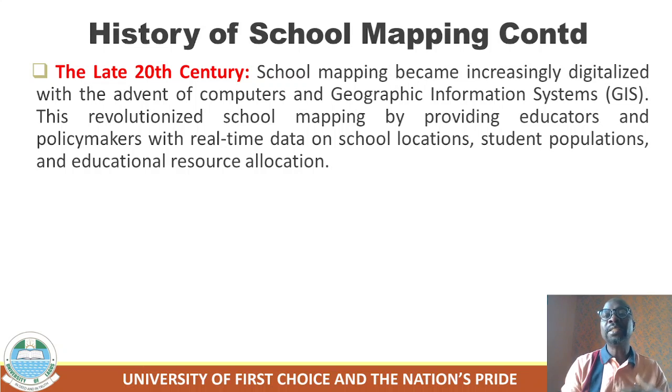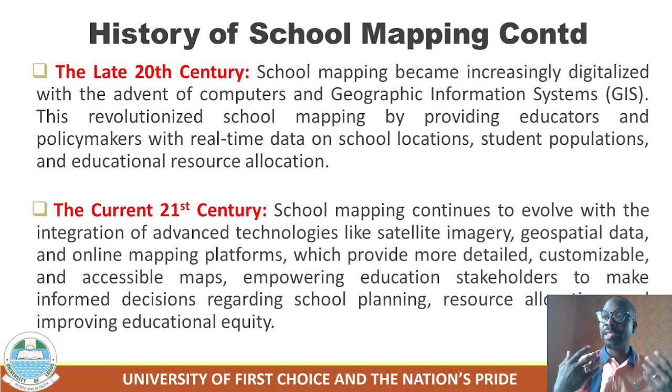The use of computers and GIS provided educators and policymakers with real-time data on school locations, student populations, and educational resource allocation. You can tap the system and get data on school locations, on student population, on how educational resources have been allocated.